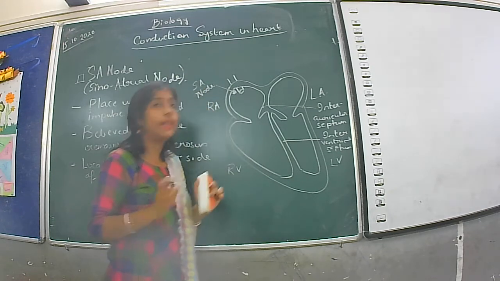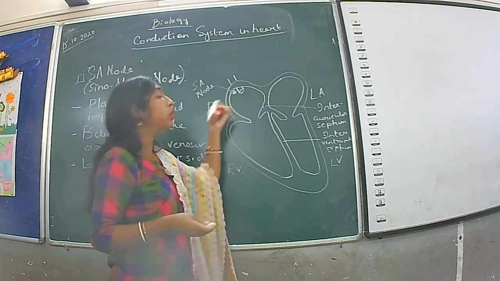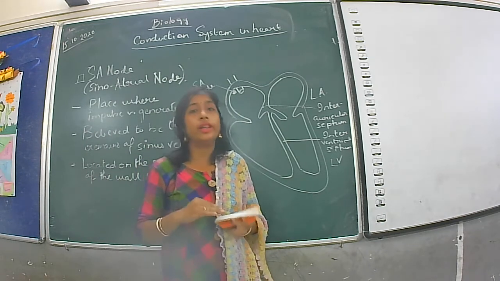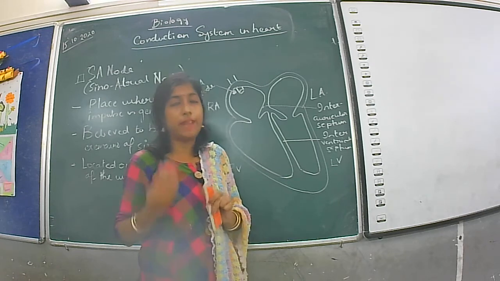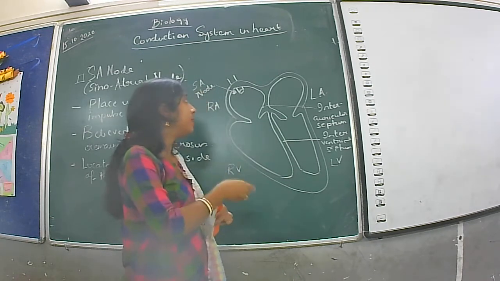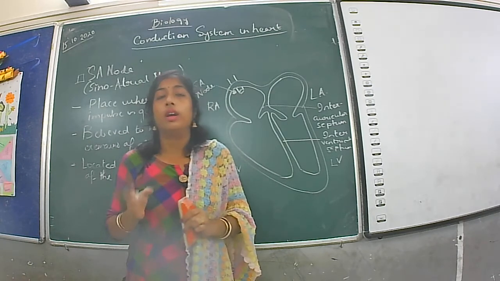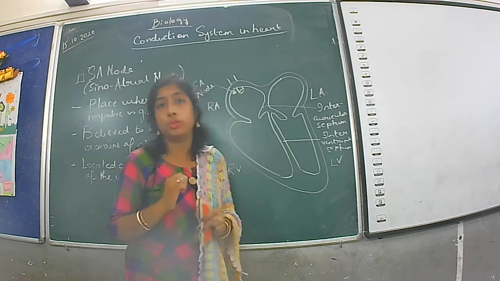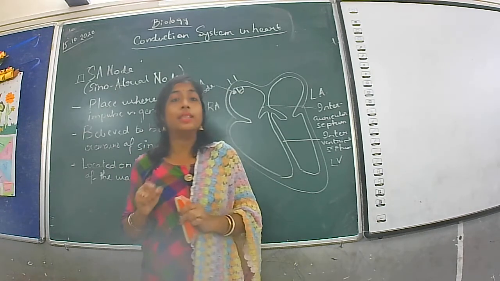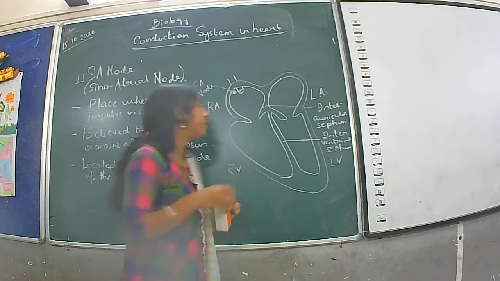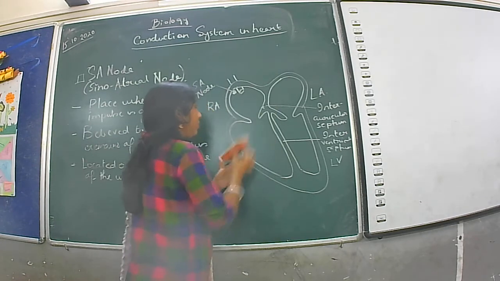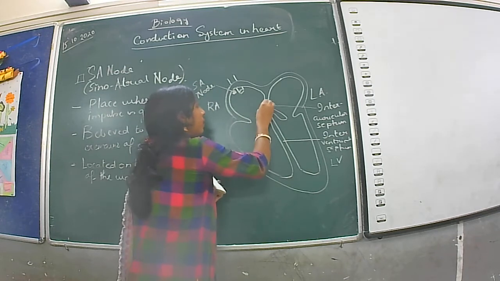Okay, so what did I say? The impulse from the SA node is transmitted to the right auricle and left auricle through the cardiac muscles, and then it ultimately reaches another tissue, which is known as the AV node. This AV node is located somewhere here.